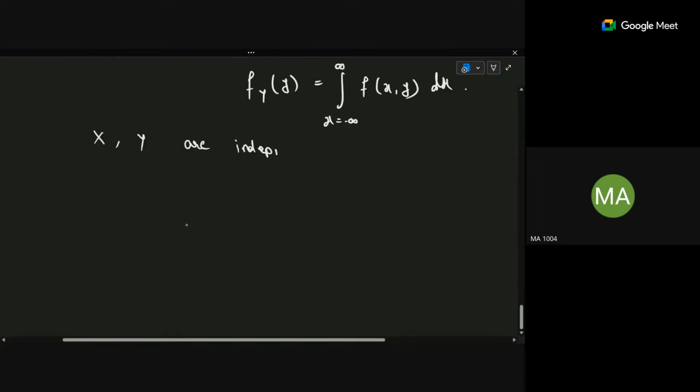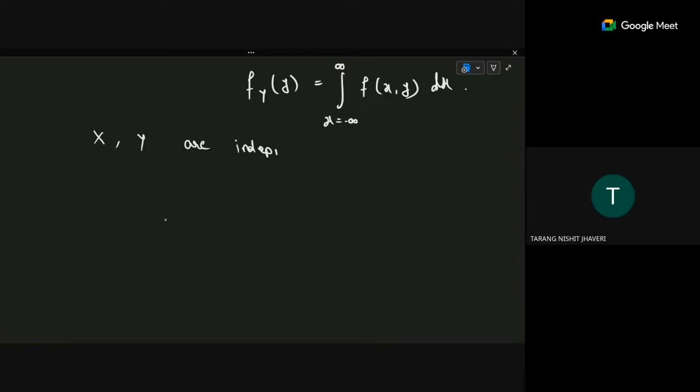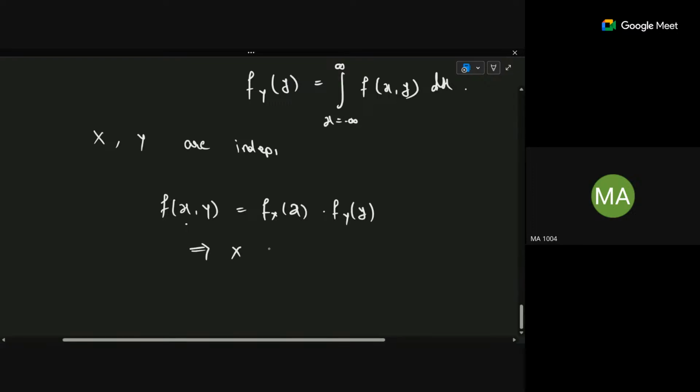So from the joint and marginal densities, do you know how to check whether your random variables are dependent or independent? Ma'am, we can check if the joint density is equal to the product of the marginals. Yeah, that is the thing. You have a joint density, so you can find f_X(x), the marginal density of x, and of y, and then just check whether the product of these marginals is equal to your joint. If it is, then that implies x and y are independent random variables. Okay, fine.